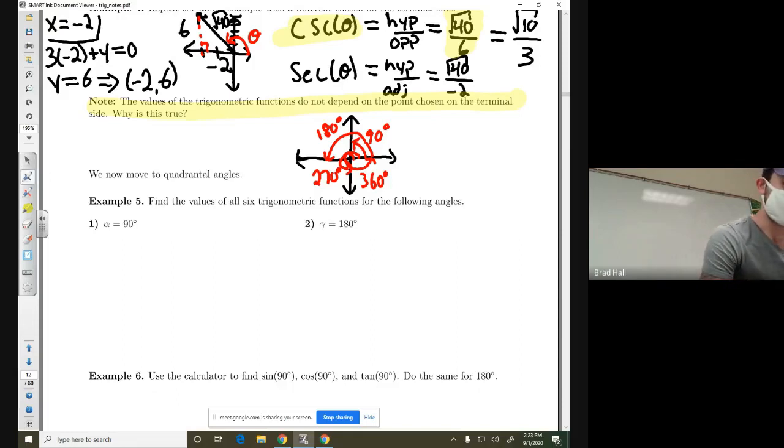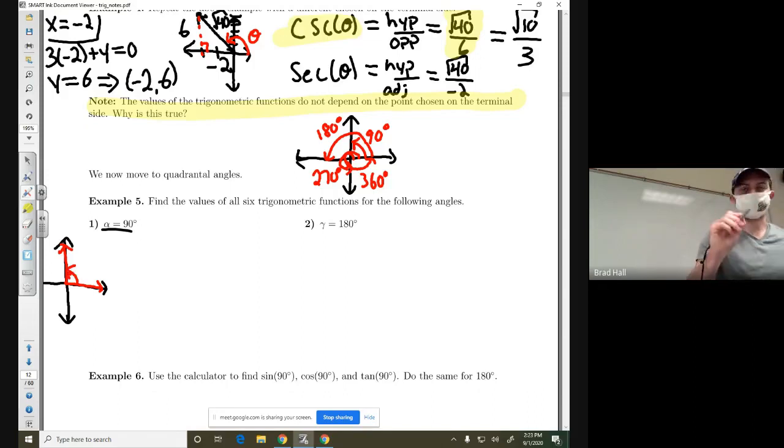So here we're going to draw a 90-degree angle because that's the angle that they're testing us with. This is a right angle, so I could have used the box as well.